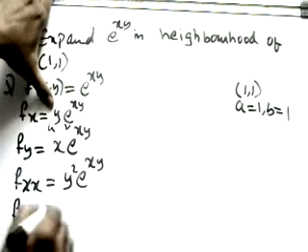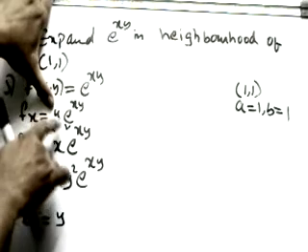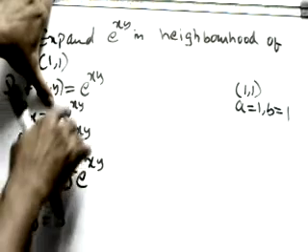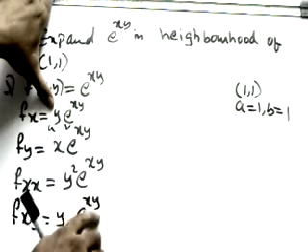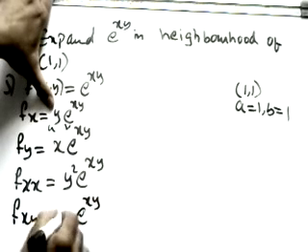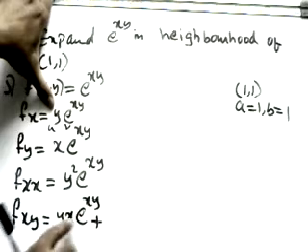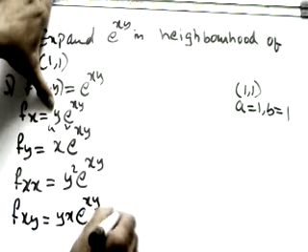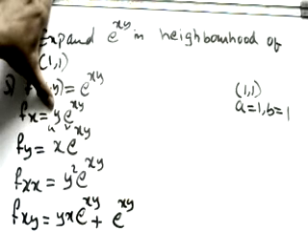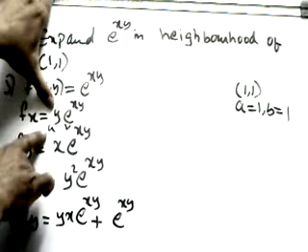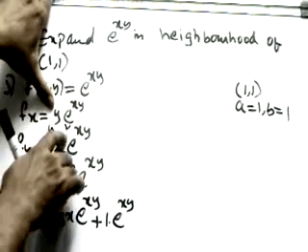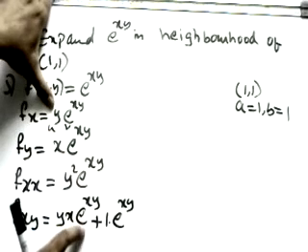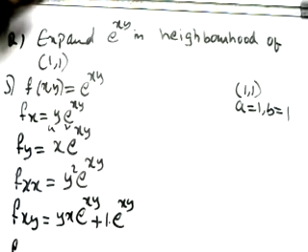Now we have to differentiate this with respect to y, so u means y, u d/dy of v. d/dy of e^(xy) is e^(xy), but if you differentiate xy with respect to y, y is 1, 1 into x is x, plus v d/dy of u, that is e^(xy) times d/dy of y, which will be 1. You see, we have differentiated using the product rule, u d/dy of v plus v d/dy of u, and d/dy of y is 1.